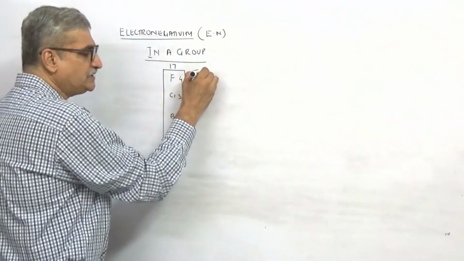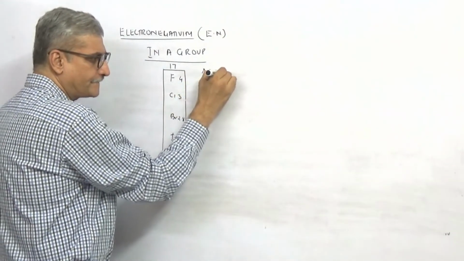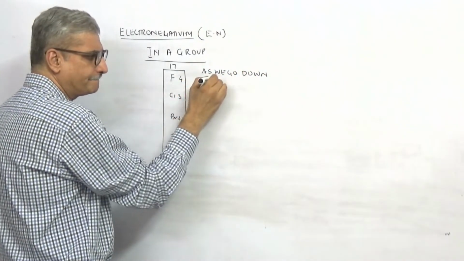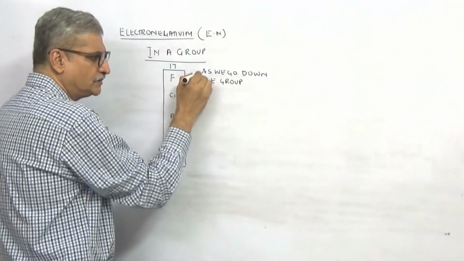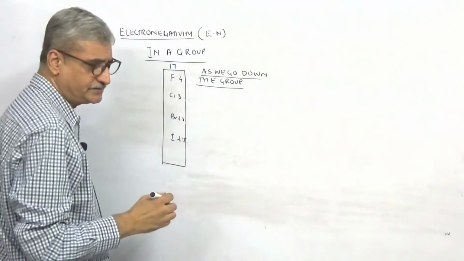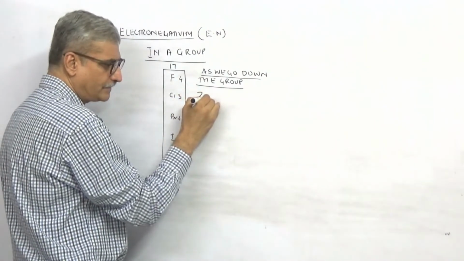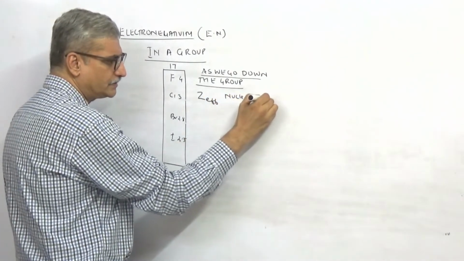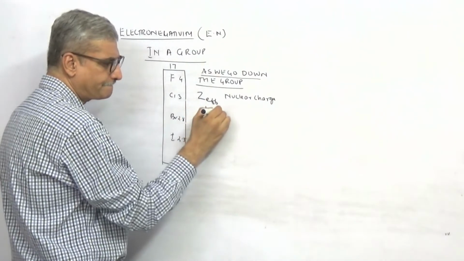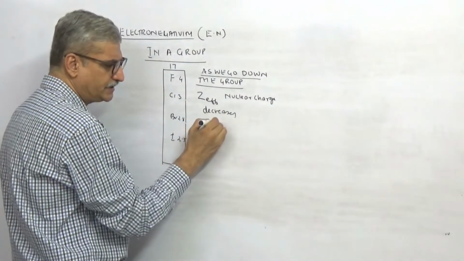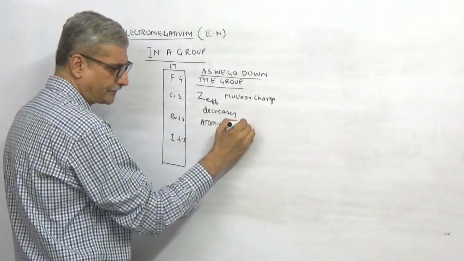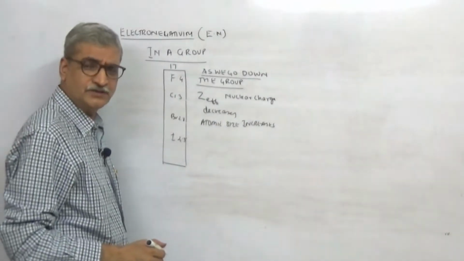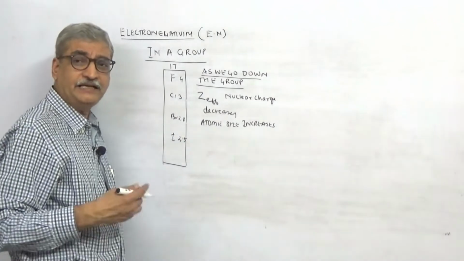What happens as we go down the group? Effective nuclear charge decreases, atomic size increases, so together, because of this, the tendency of the atom becomes losing electrons.